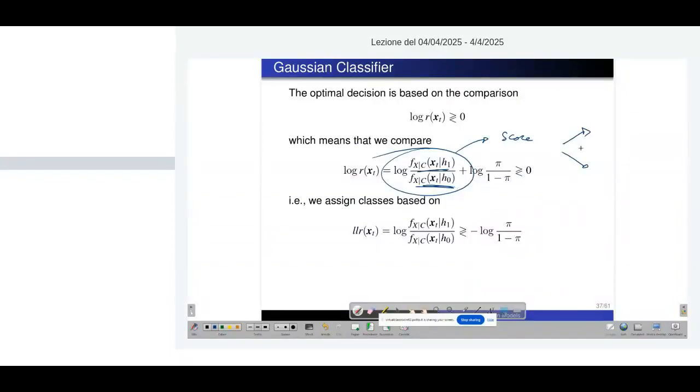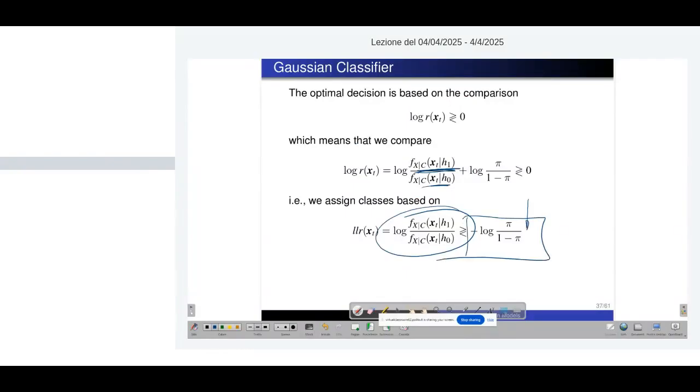This score represents the log likelihood ratio between the two hypotheses, so the likelihood of the samples given hypothesis 1 and given hypothesis 0. And then we perform classification by comparing this with a threshold, and the threshold depends on the prior probability. So pi is the probability of class 1.